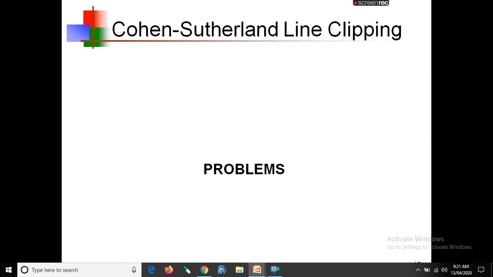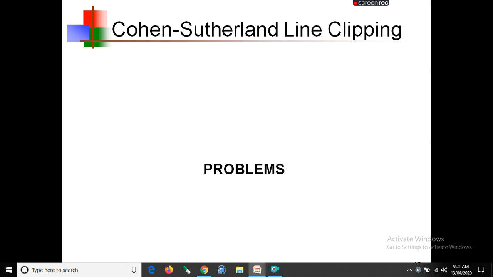Next we need to calculate the region code, or outcode, of each endpoint of the line segment. After calculating the outcode of each endpoint, we will get 4 cases. We need to check whether outcode 1 and outcode 2 are equal to 0 or not.